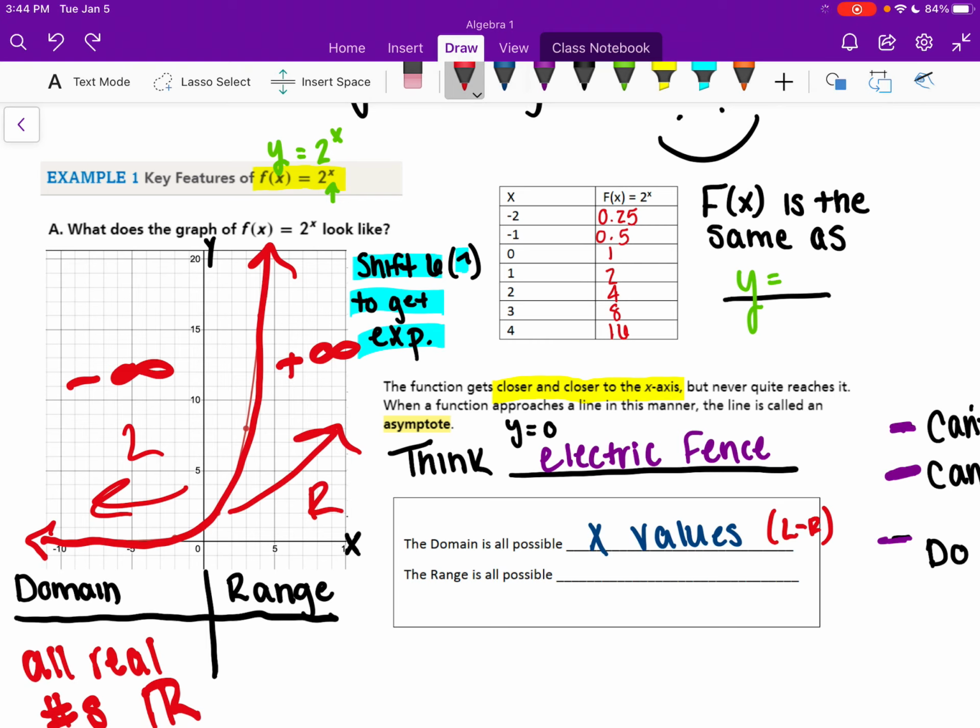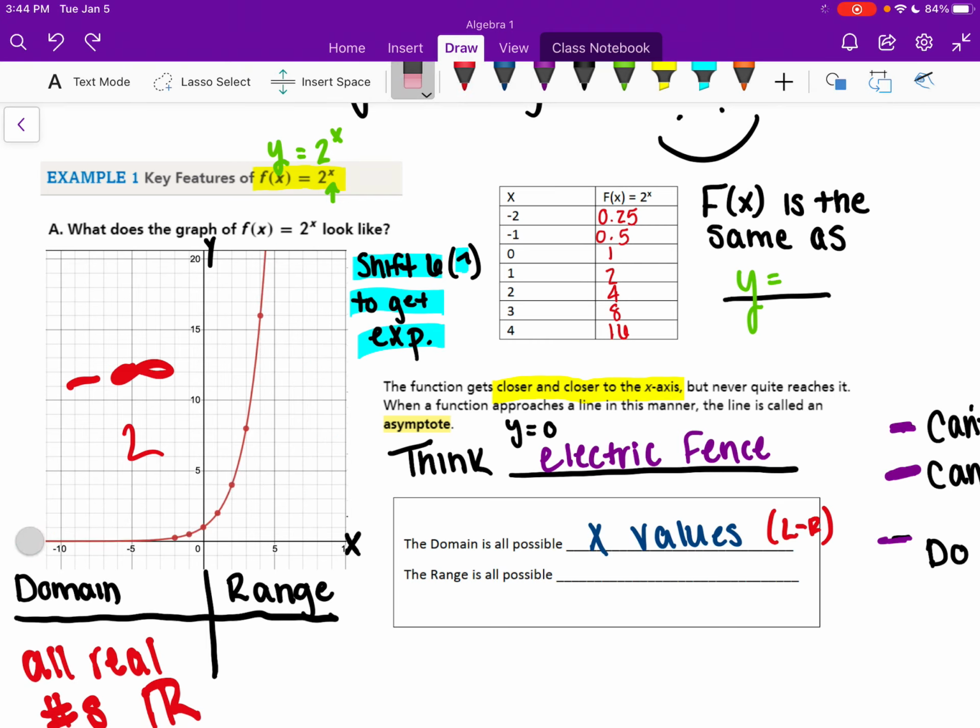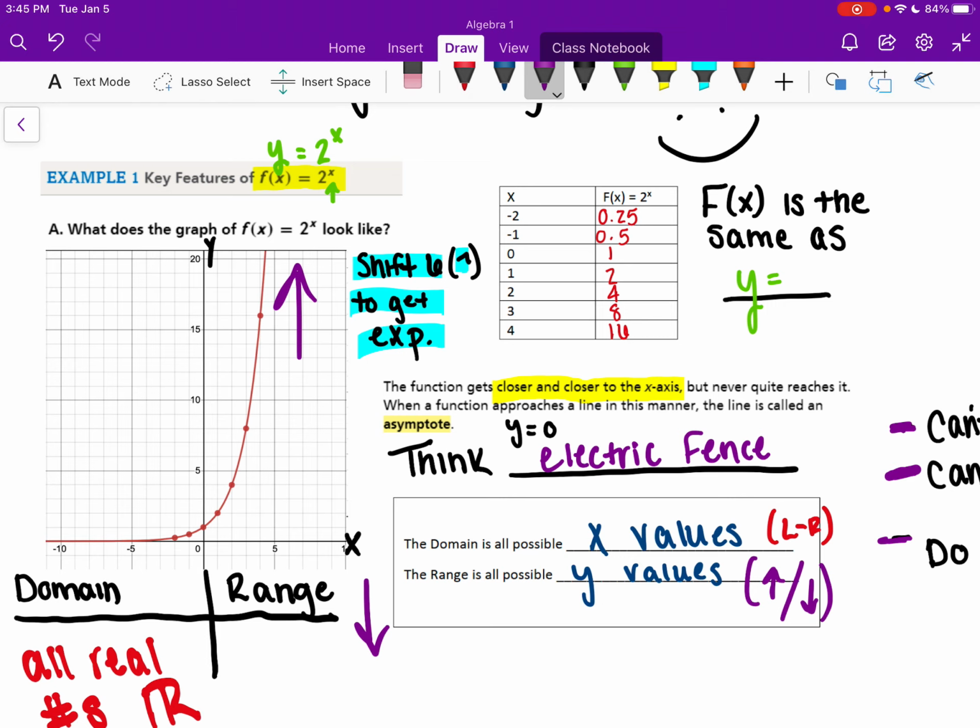Now the range is just the opposite of the domain. Domain is how the graph can move from left to right. Range is its possible y values, which is how the graph moves up and down, meaning how far we go negative down and how far we go positive up.